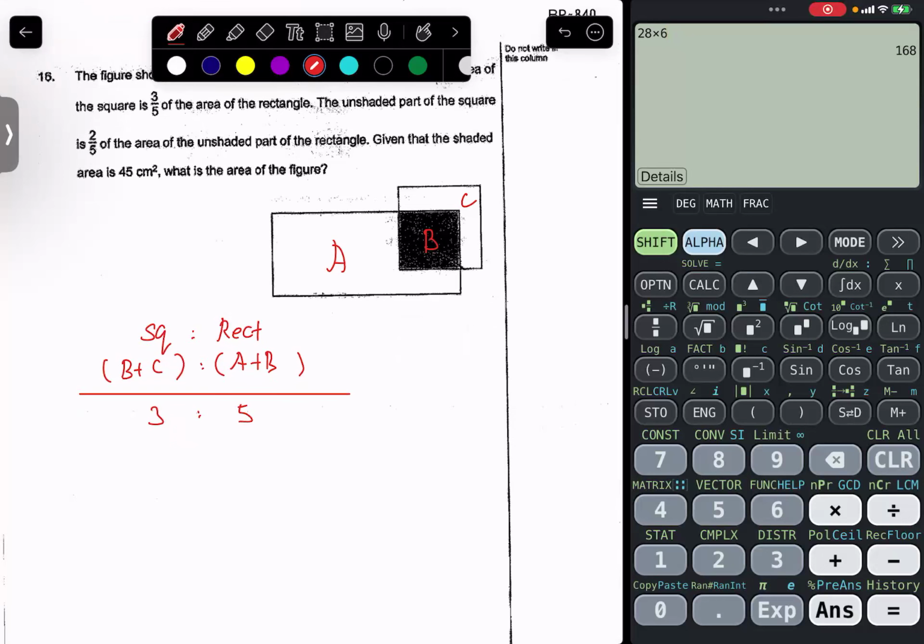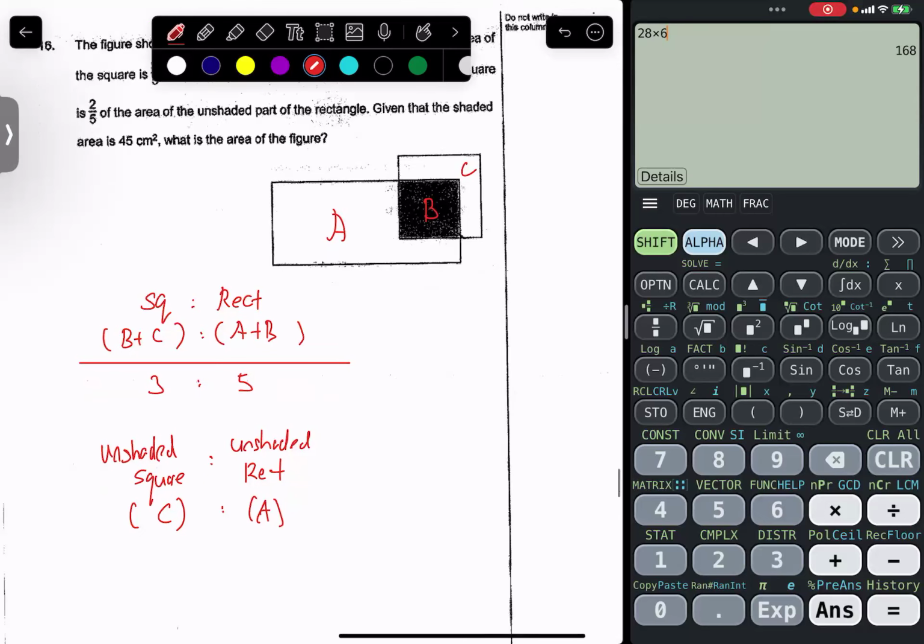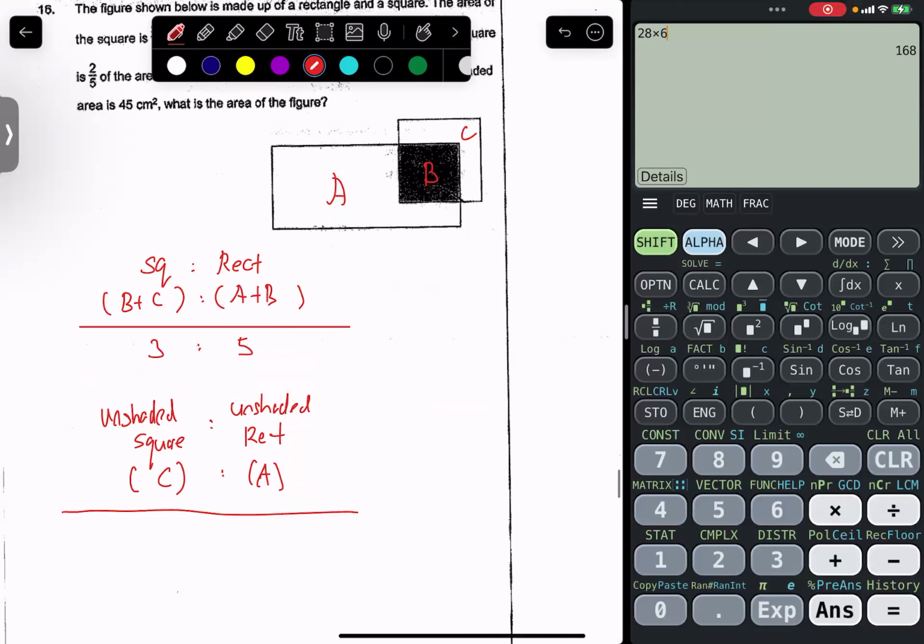Okay. Now, the unshaded part of the square is just B. Oh, sorry, is just C. Is to unshaded rectangle is just A. Is in the ratio of 2 to 5.